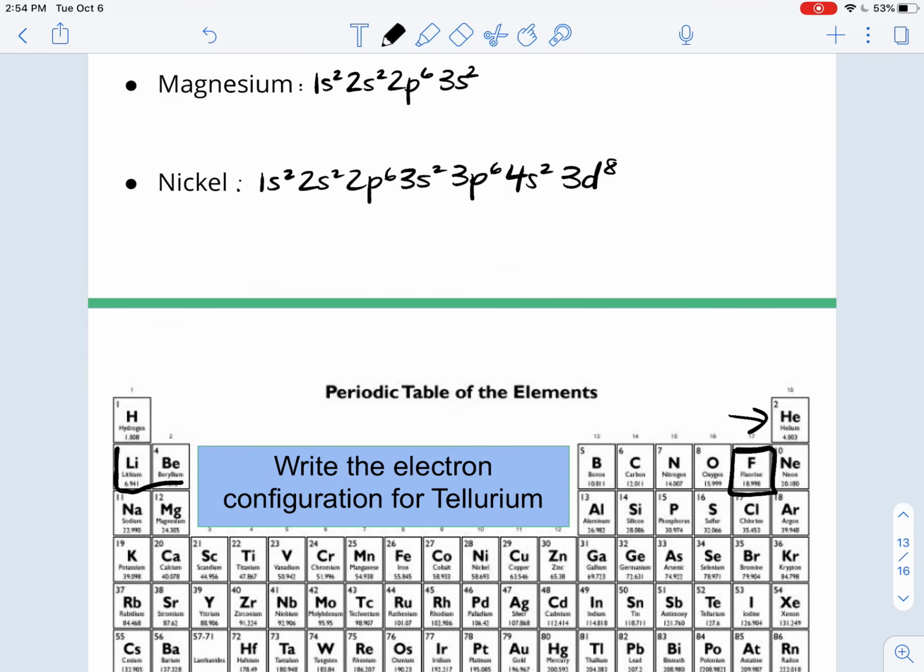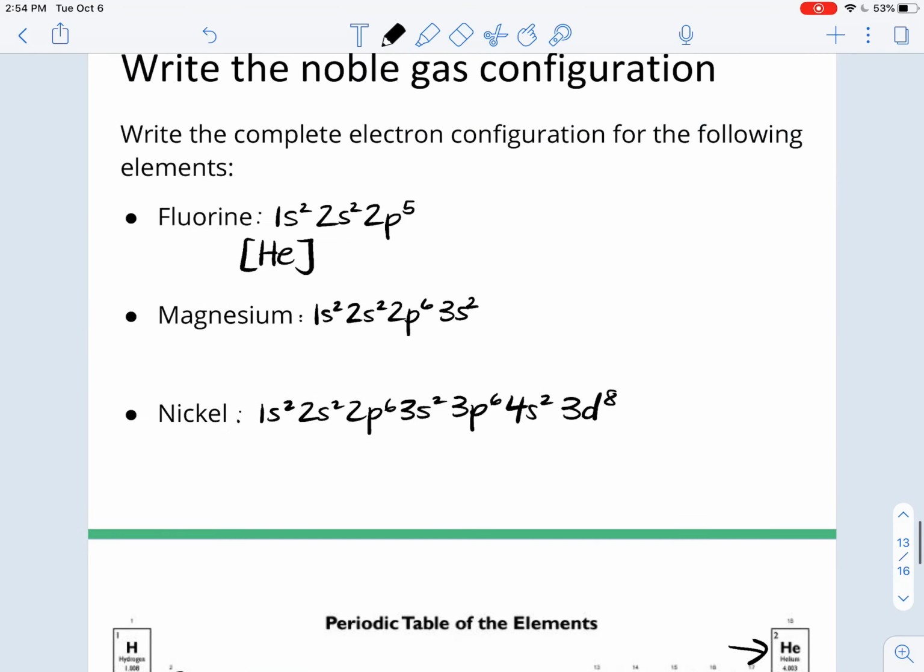So 2s2, 2p5. Notice how these numbers are the ones with the highest principal quantum number, right? We eliminated 1 because that was the lowest principal quantum number present.